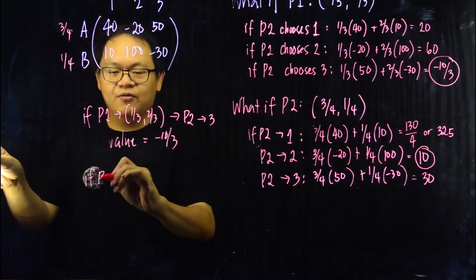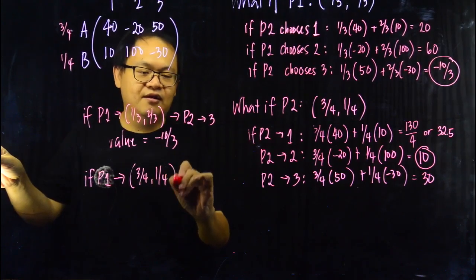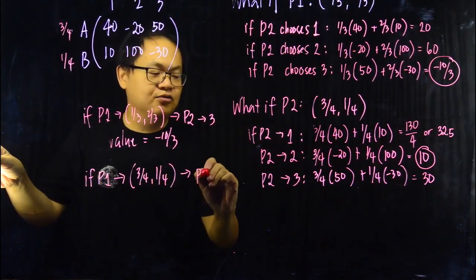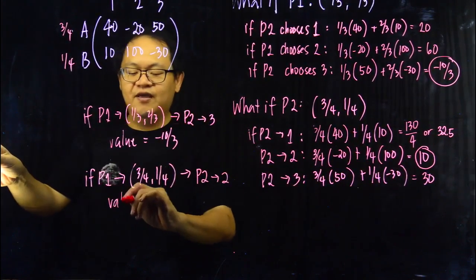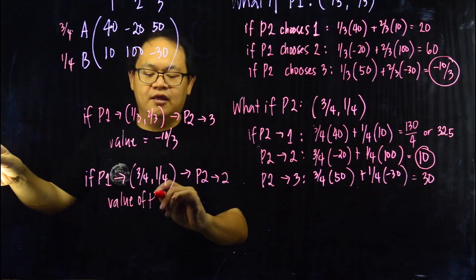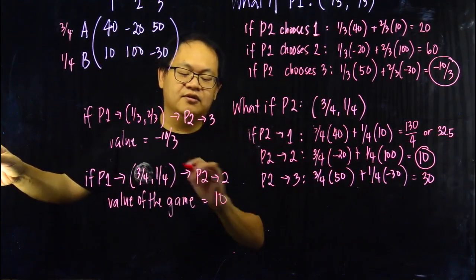However, if player 1 chooses 3/4 and 1/4, then player 2 will choose 2, and the value of the game is equal to 10.